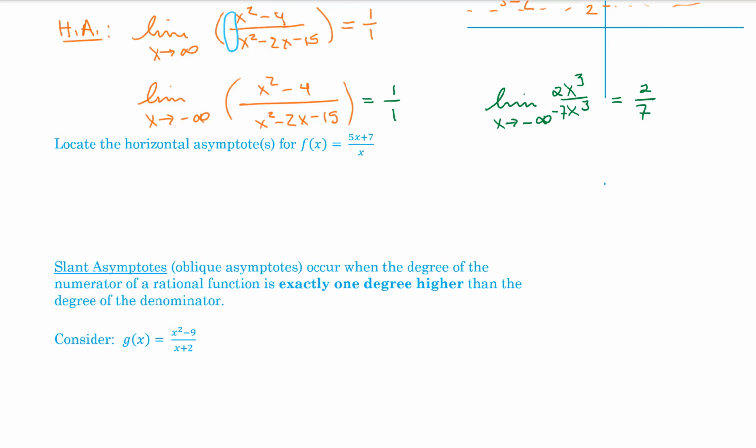And you may say, well, yeah, there's the 2 and the negative 7, but when I plug negative infinity or large negative numbers into x cubed, what's that going to do now? Well, you're going to get a negative value in the numerator, a large negative number. However, if you plug negative 10,000 into the denominator and cube it, you're still going to get a negative.